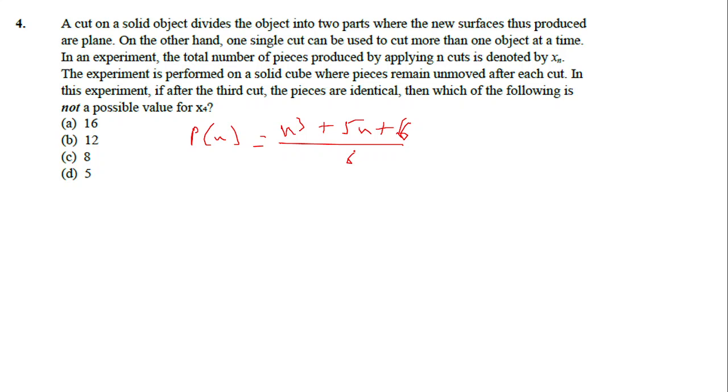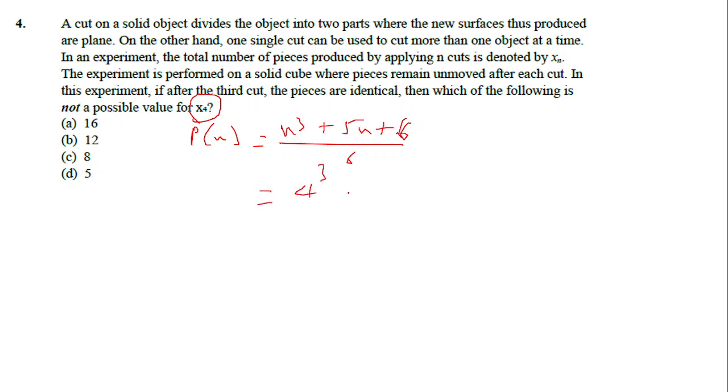Okay, now since we can produce here maximum 4 cuts, it's given that 4 cuts can be done after third cut, then which means we have to take n as 4, because x4 is given here. Possible values of x4, we will take n as 4.